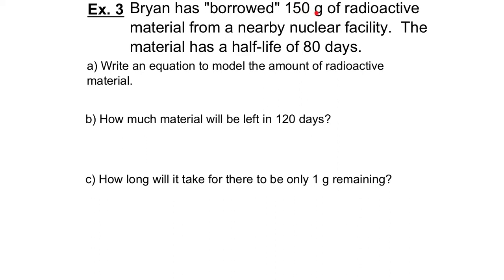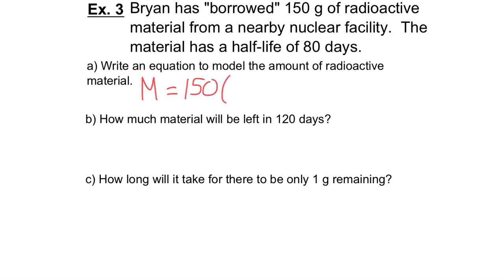Okay, so he's got 150 grams of this material to start with. Since we're talking about amount of material, let's just say M for mass of material. Remember, we start with the initial value. Starts with 150 grams. Now, the growth or decay rate.